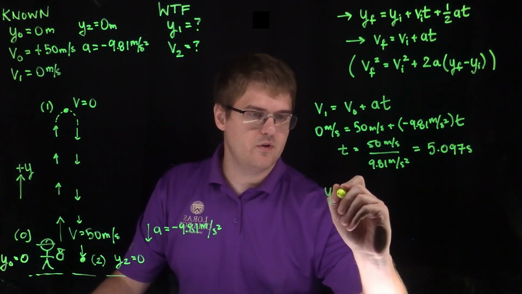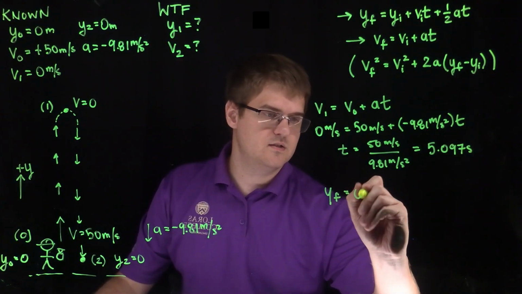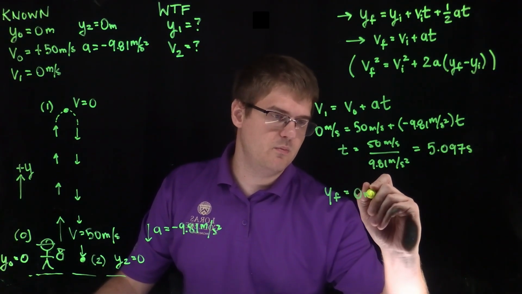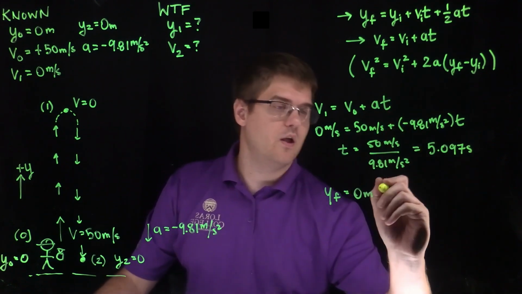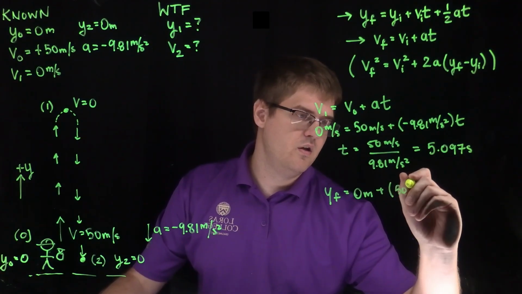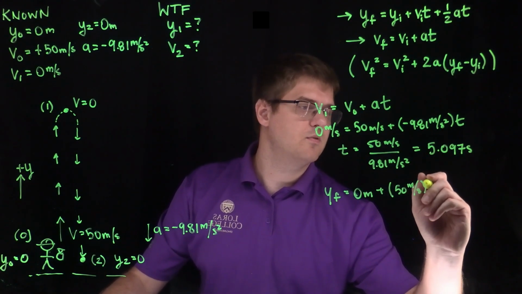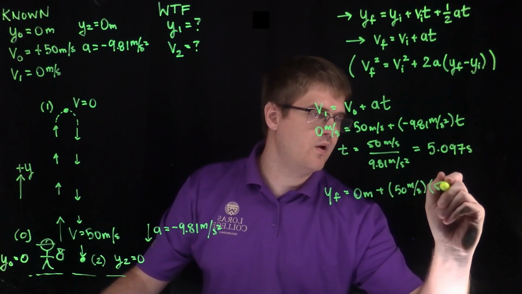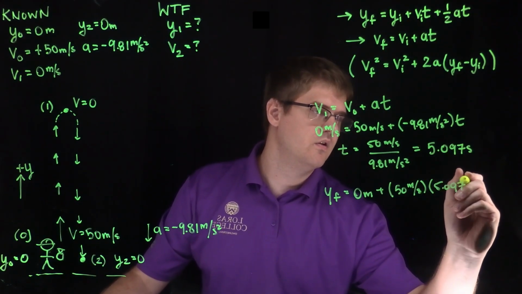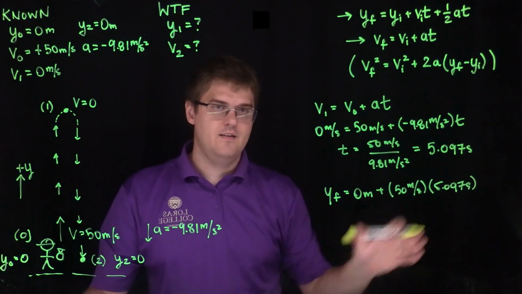where I have my y final, which is what I'm solving for, is my y initial, which is position of 0 meters, plus my v initial, so that is 50 meters per second, times my time, which is 5.097 seconds. Again, I'm just going through this guy. It's a very small board.